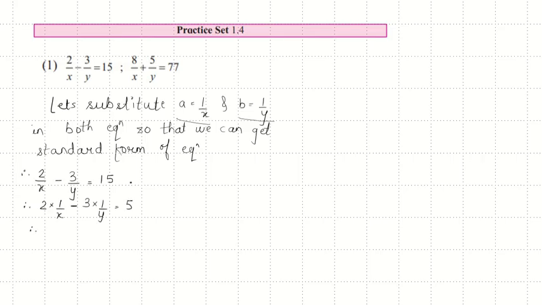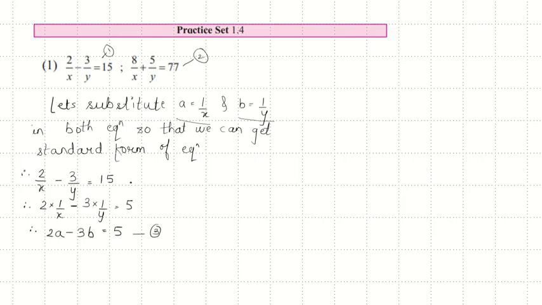So this becomes 2 into 1 upon x is 2 into a, minus 3 into 1 upon y is b, is equal to 15. Let us mark this as equation number 3, because equation number 1 and equation number 2 are given in the question.